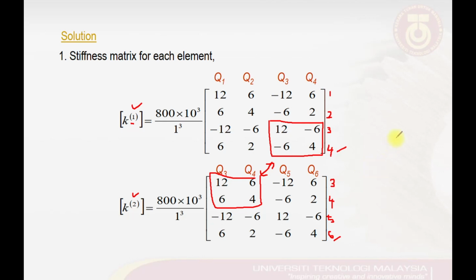So the K global is the summation of k1 and k2. Since we have two elements, we add both k according to its address.